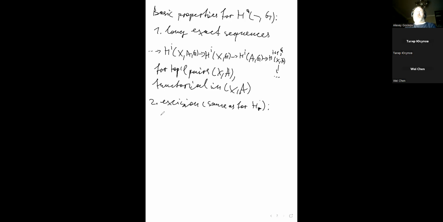Namely, suppose we have B inside A inside X, and the closure of B is contained in the interior of A. Then the map from (X, A; G) to (X minus B, A minus B; G) is an isomorphism.